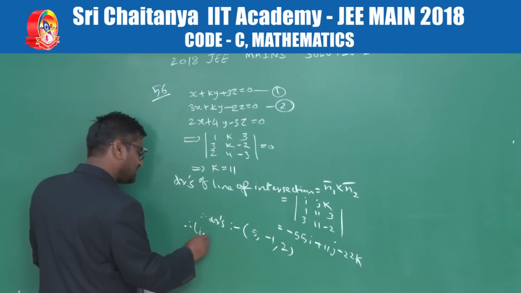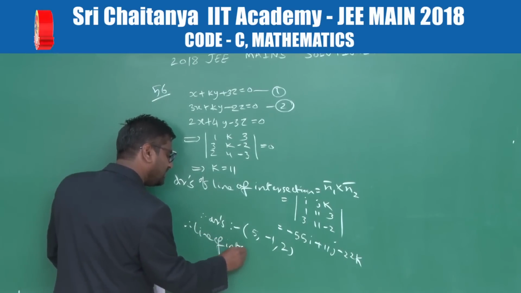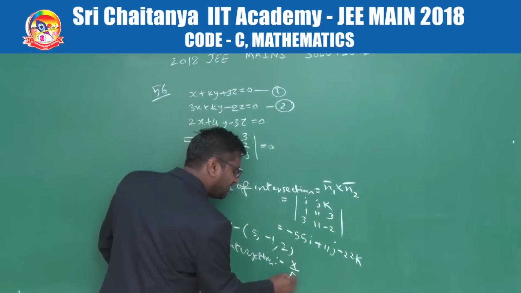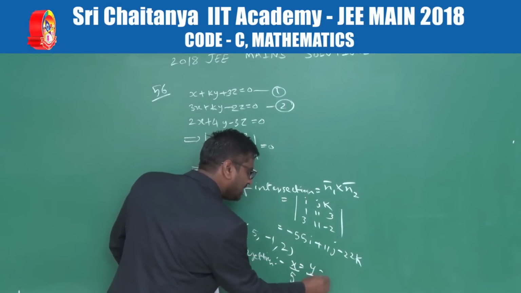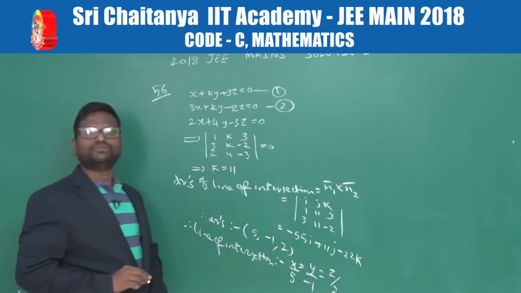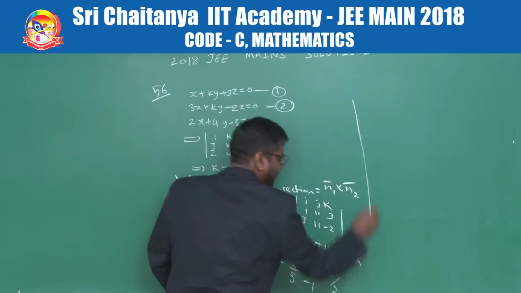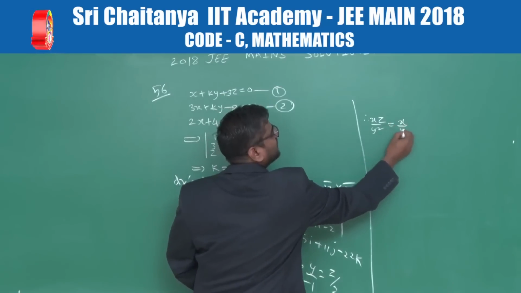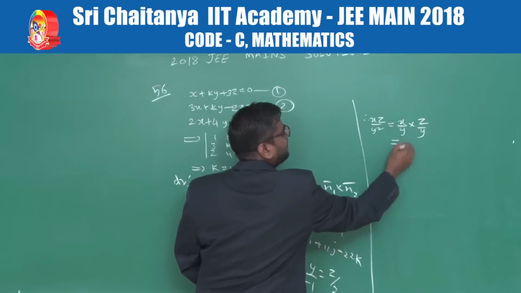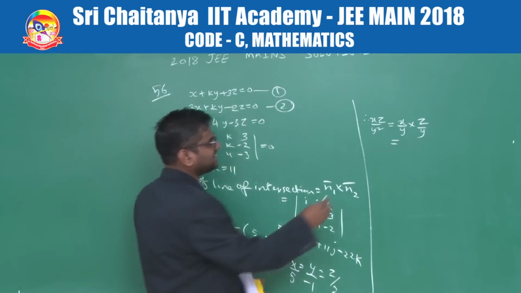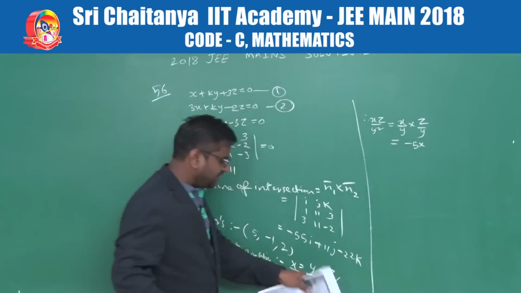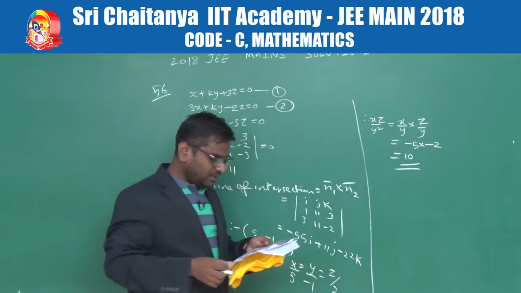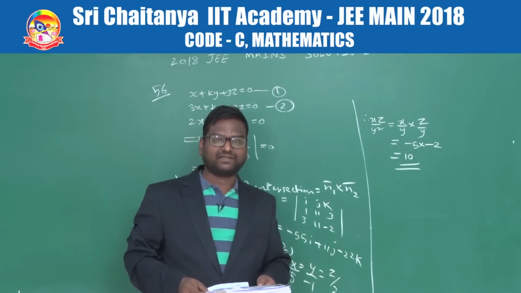Therefore, the line of intersection is directly given by x by 5 equal to y by -1 equal to z by 2. Therefore, xz by y square is x by y into z by y, where x by y is -5 and z by y is -2, which equals 10. Therefore, option 1 is correct.